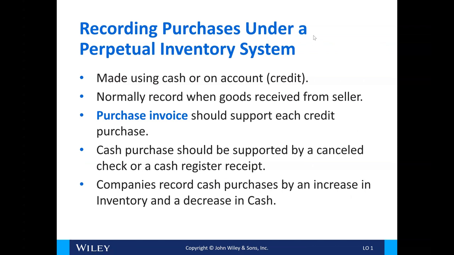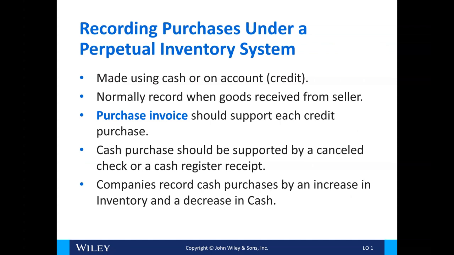Recording purchases. Okay, your basic purchase means that you're increasing inventory. Well, how did you pay for the inventory? I either paid cash or I am going to pay them, accounts payable, so I'm increasing a liability. I'm going to pay them in a month.